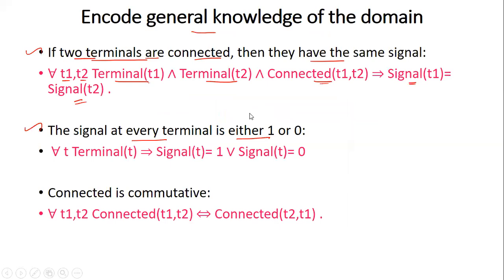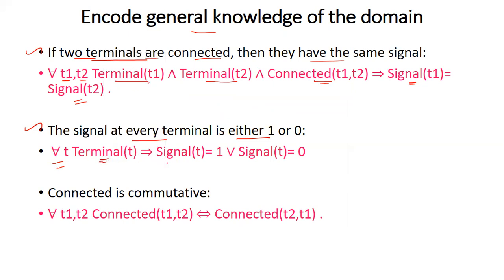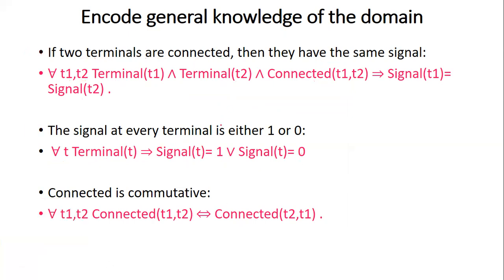So how do we represent that? For all t, terminal of t: any terminal you take will have some signal, and that signal will be equal to either 1 or 0. So any terminal represents a signal, and that signal will be either 1 or 0. Okay, fine.